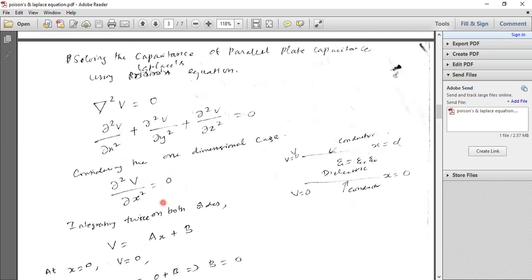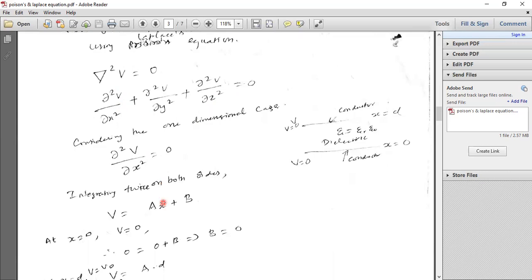When you integrate on both sides twice, V equal to Ax plus B, where A and B are constants, and they can be obtained by putting the boundary conditions. At x equal to 0, that is the lower plate, which is the ground, V equal to 0, so B is 0.